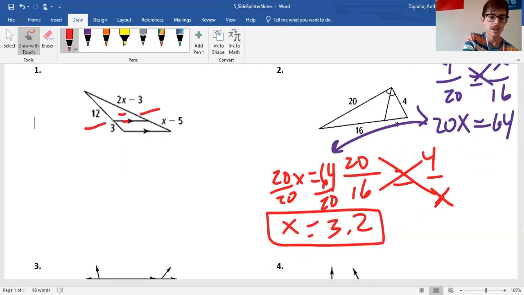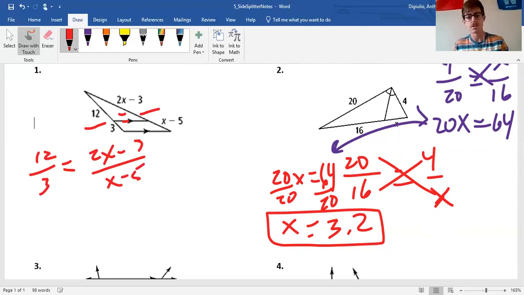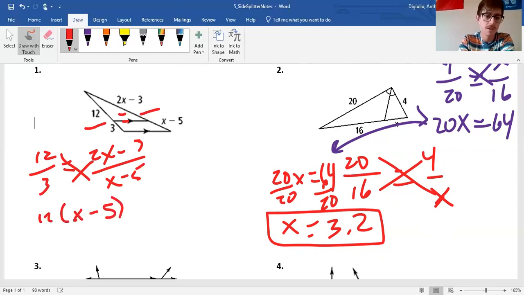So I've got 12 over 3 equals 2x minus 3 over x minus 5. Now, even though this one's a little more complicated, that's okay. If we cross multiply this, we should end up getting 12 times the quantity x minus 5, because we're multiplying by that whole thing, equals 3 times 2x minus 3.